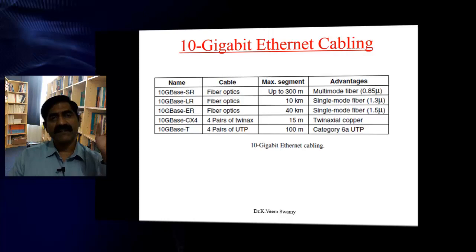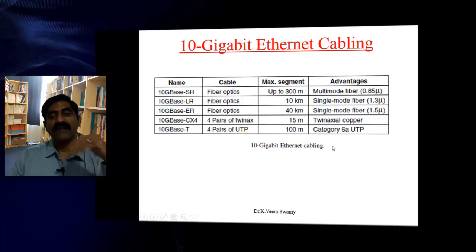If you see the 10 gigabit Ethernet cable, we use the same fiber optics and twisted pairs. But regarding data rates and fiber optic modes, you can even transmit with multi-mode or single mode, or twin axial copper wire, or category 6. Especially with category 6, the data rate here is 10 gigabit.